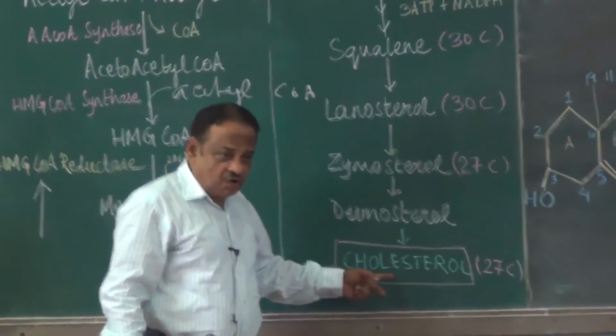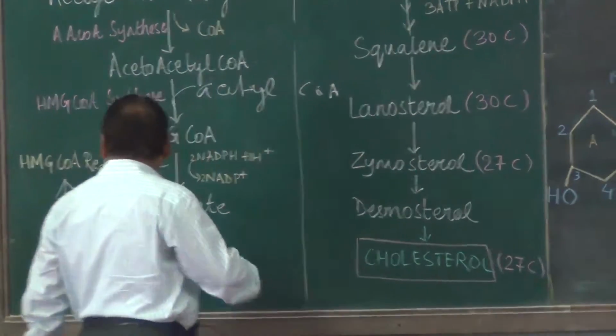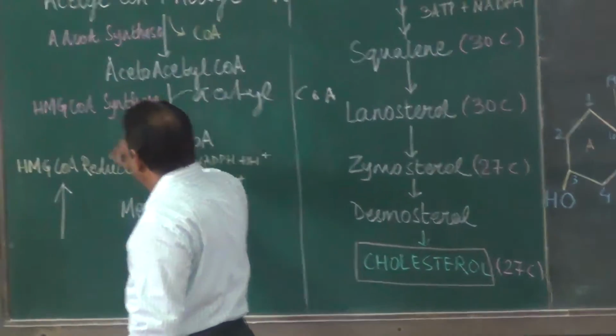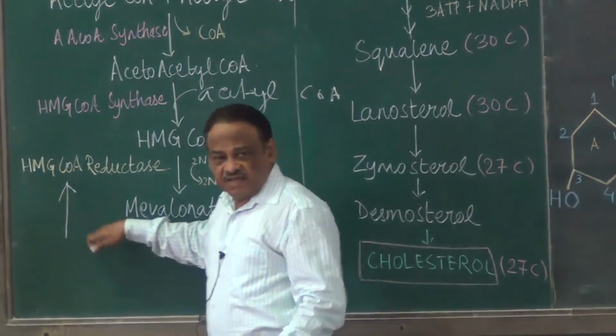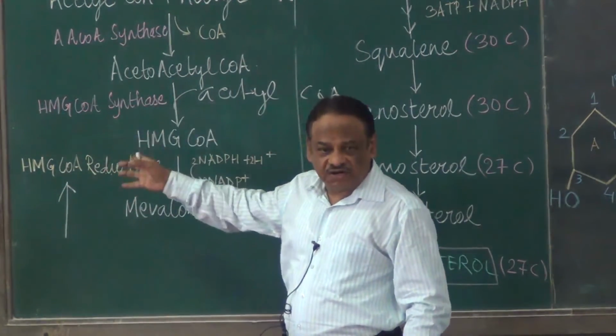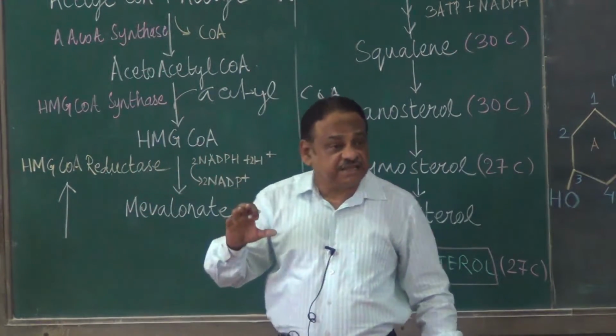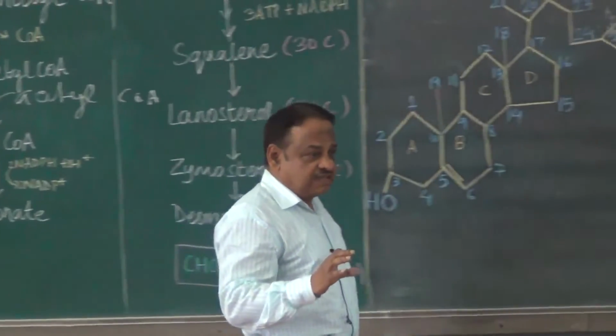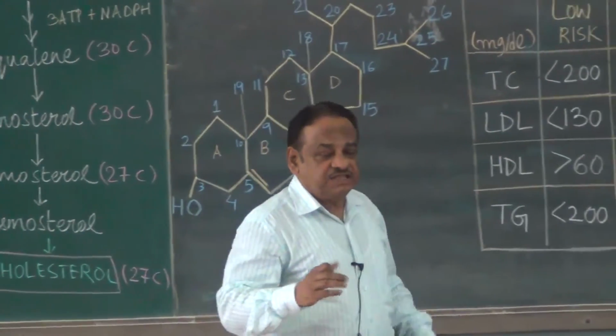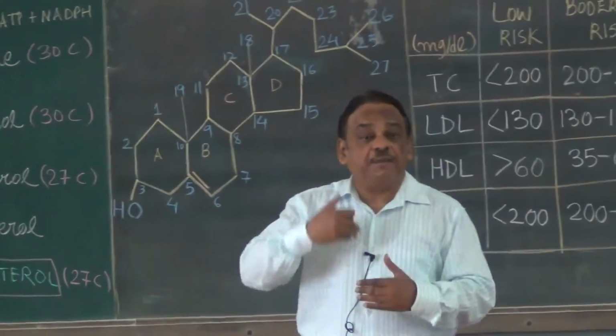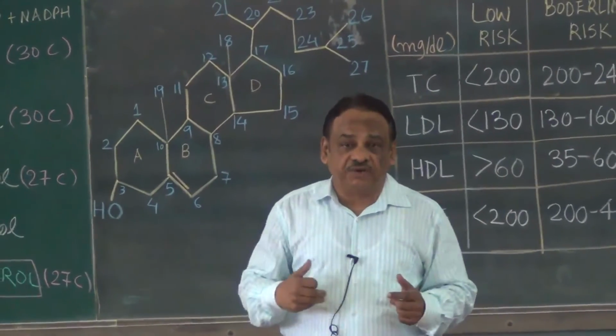So this cholesterol, by a feedback mechanism, can inhibit HMG-CoA reductase. So it is controlling its own formation. You also know that there are LDL receptors, which we saw in the last class. These LDL receptors can be either upregulated or downregulated.